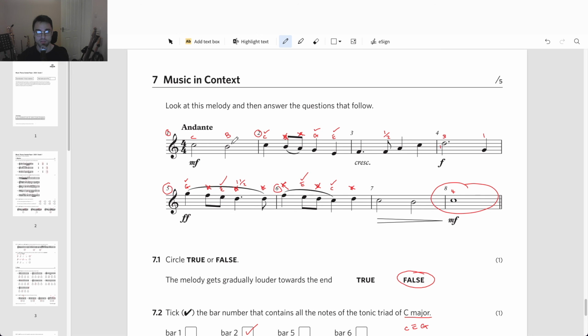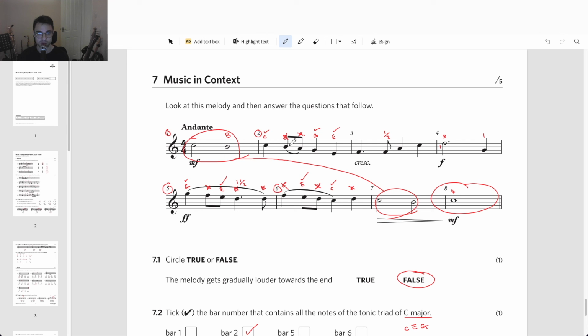C and B. So bar by bar, we're going to find a bar that has the same pitches in here. And I can already see a bar that's exactly the same as bar 1. And it's bar 7. See that? This bar and this bar are exactly the same. C and B, C and B.